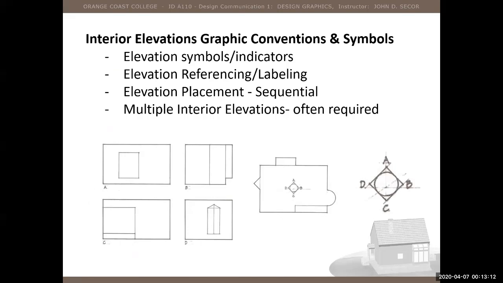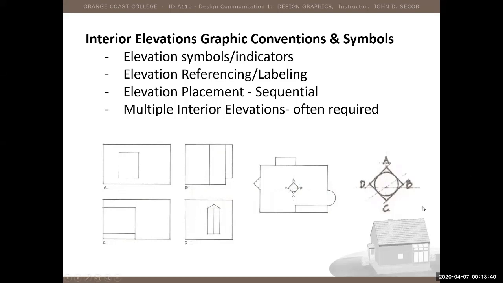Okay, so now the graphic aspects of the interior elevations. As we talked about, we do have this symbol. We'll need to key on that. There's that symbol blown up. I think I've already described kind of how it works. You'll see much more discussion of it in the assignment video. So hopefully that'll answer most of your questions there.